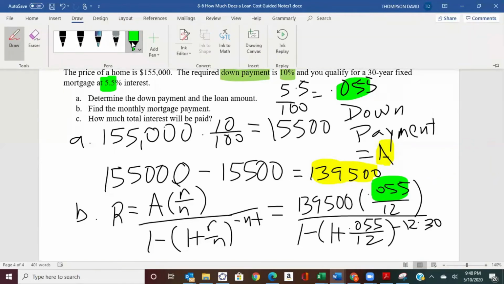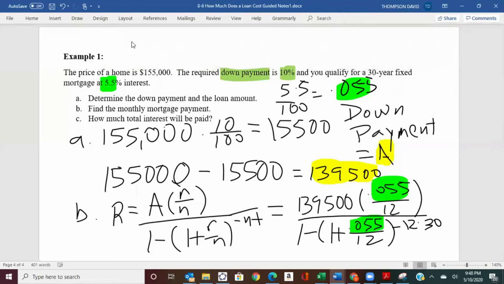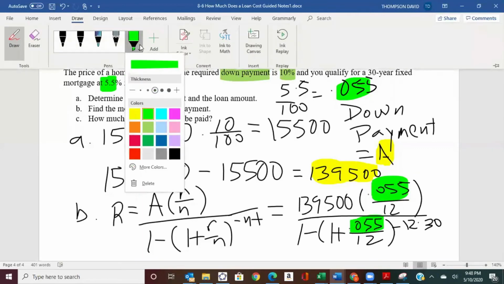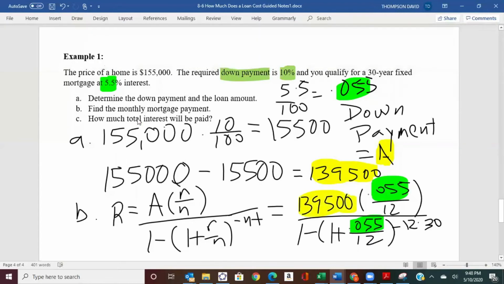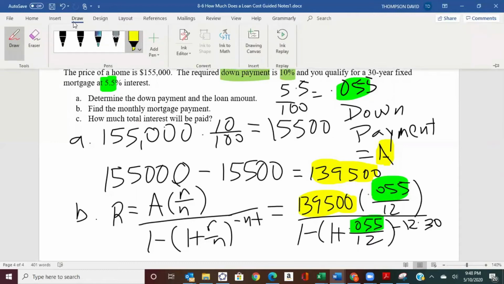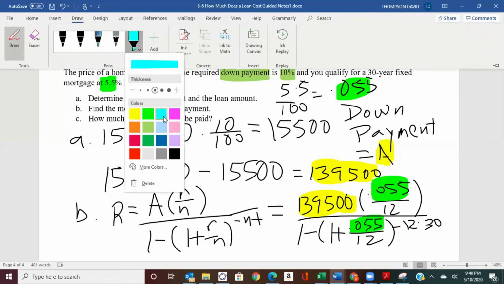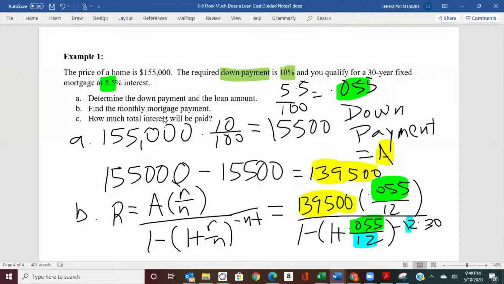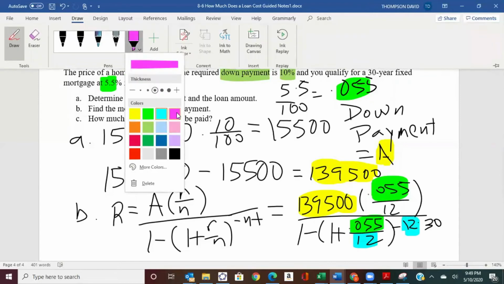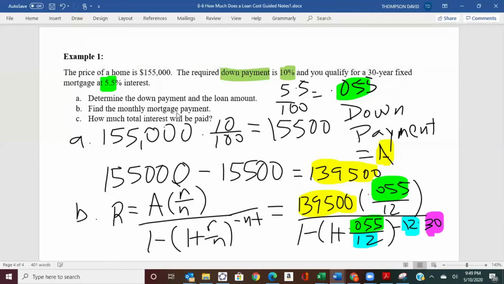Highlight everything appropriately. Okay, now we just use a calculator.